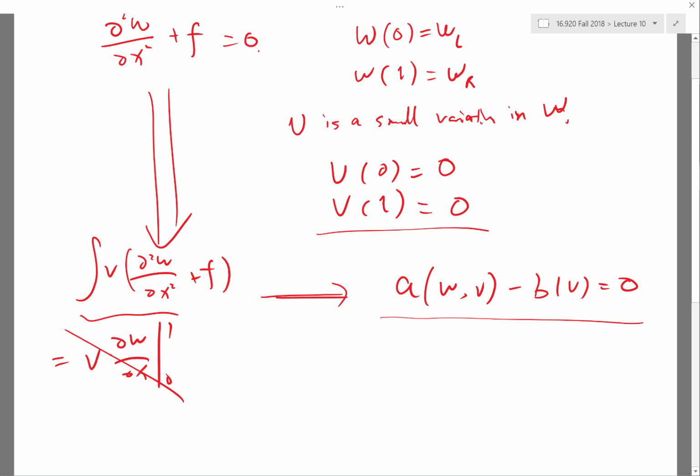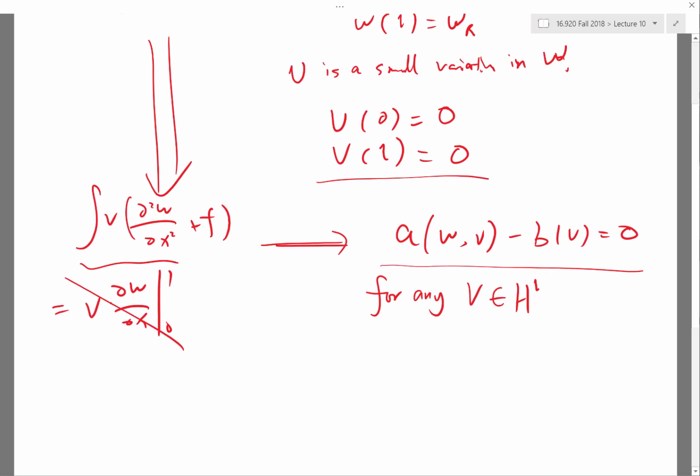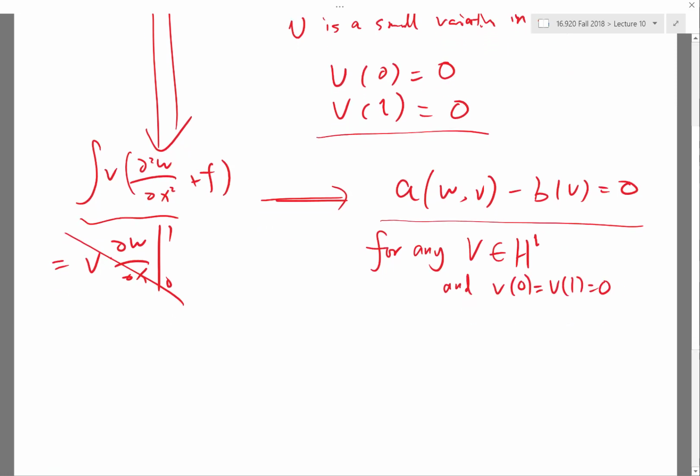The space is for any V within H1, the Sobolev space whose derivative is square integrable and the function itself is square integrable, and satisfying V0 equal to V1 equal to 0, right?